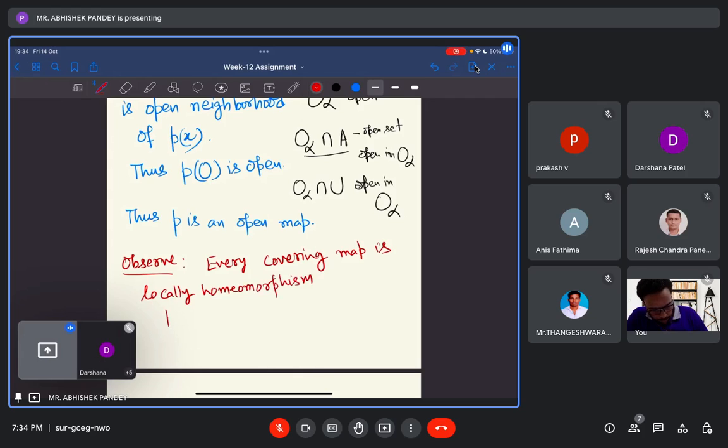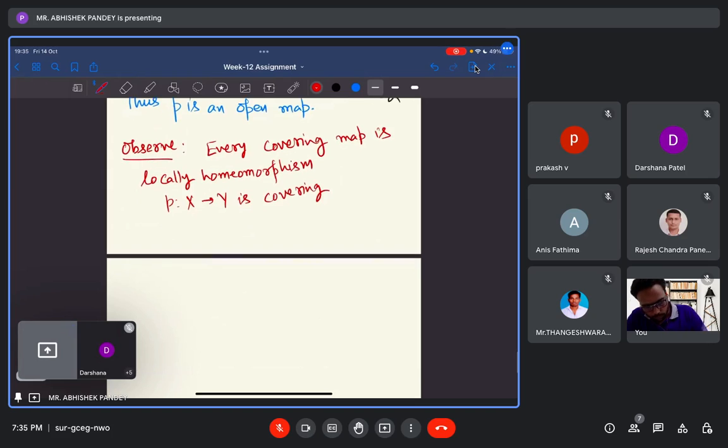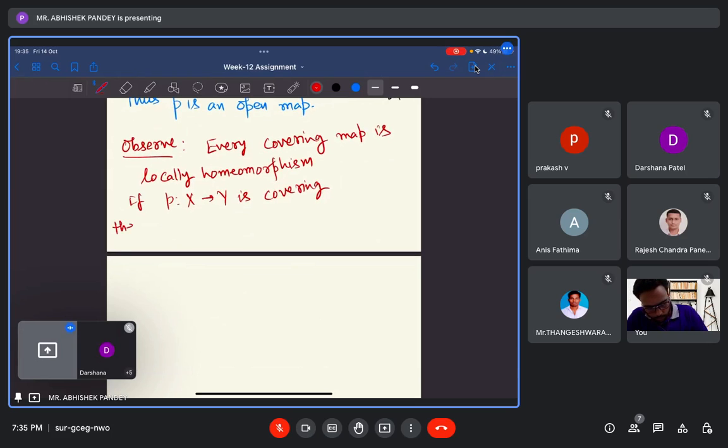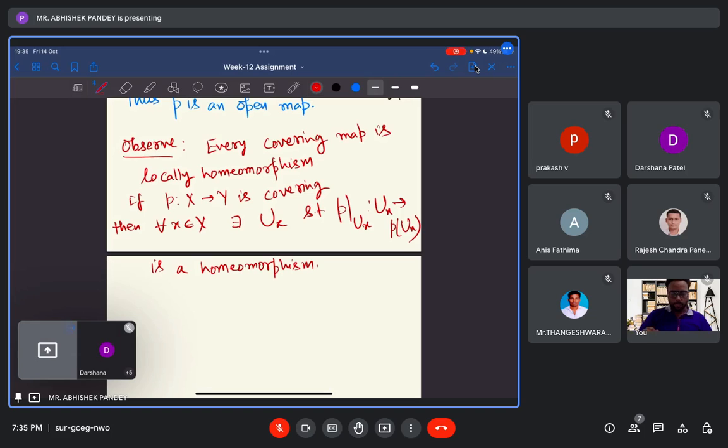That is, if p from X to Y is a covering, then for every x belonging to X, there exists some open neighborhood U x such that p restricted over U x, from U x to p of U x, is a homeomorphism. This comes from the definition itself. Check it.